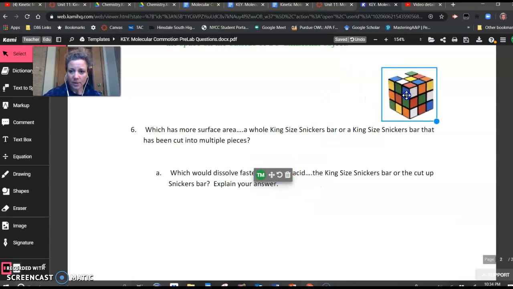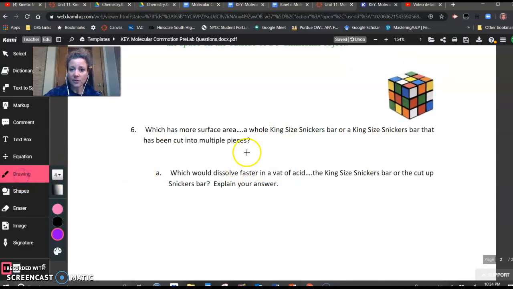The Rubik's Cube is like the king-size Snickers bar that I have right here. A Rubik's Cube is, well, a cube, and just like all cubes, it has 6 sides. So if you were going to wrap this Rubik's Cube as a birthday present to a friend, you would have 6 sides that you would need to cover.